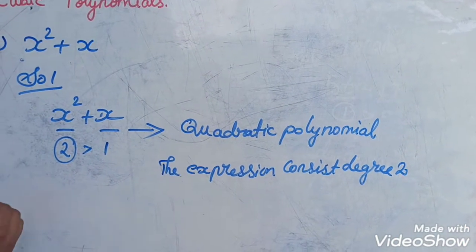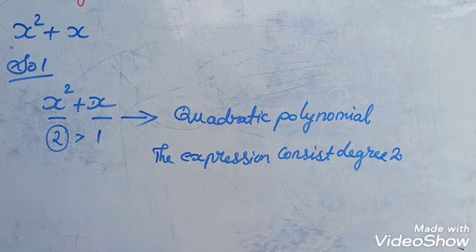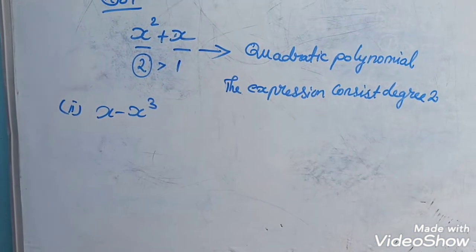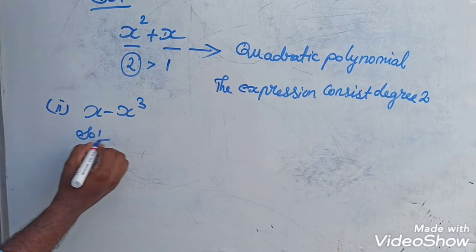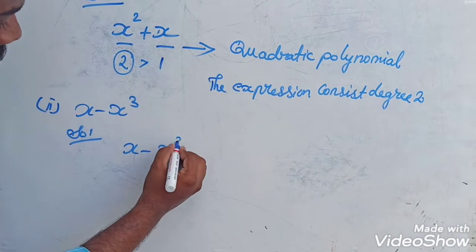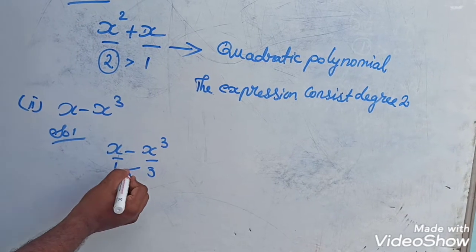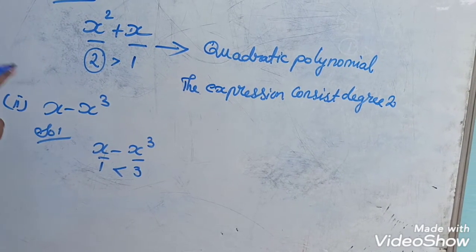In the same way, question number 2: x minus x cube. The exponent is 1 and the exponent is 3. So 3 is greater than 1, so the degree is 3.